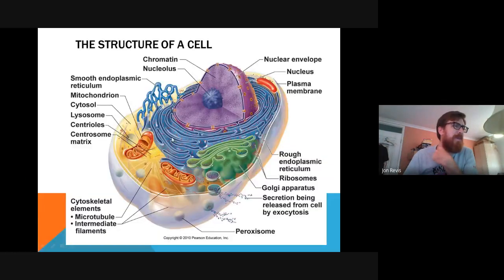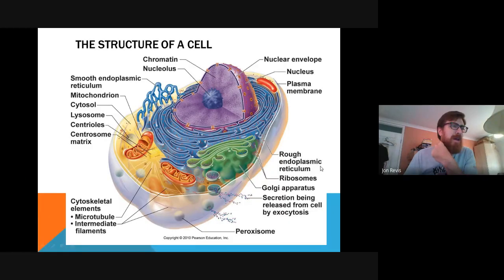So, some of the key things common to most cells of the human body: the plasma membrane, the nucleus, which is the core and contains a lot of the genetic material. We also have things like the mitochondria here, and these are very important for creating ATP and power.